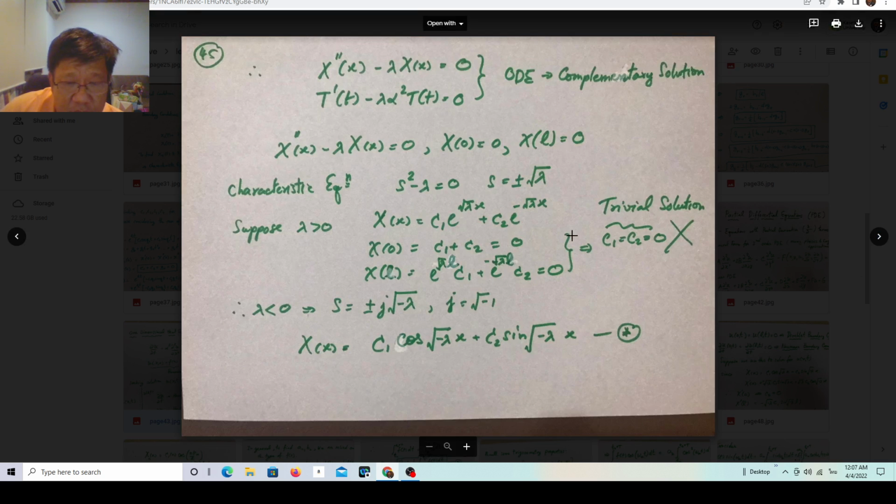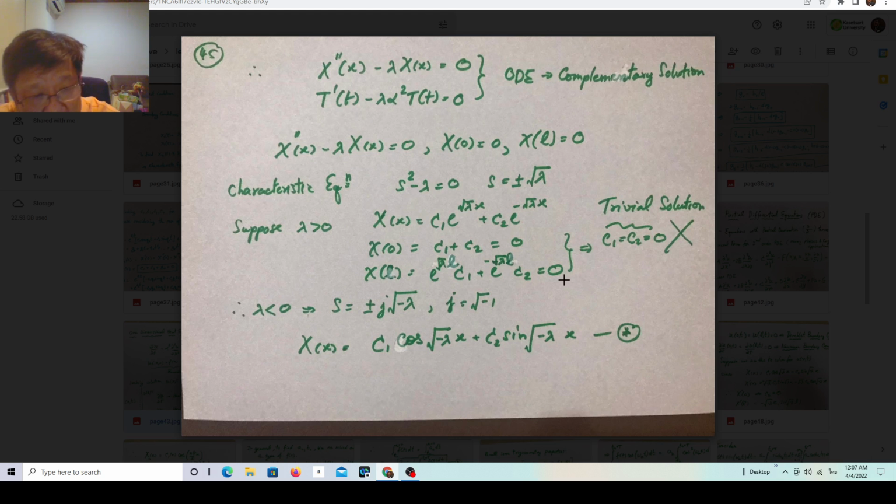So this example implies that lambda cannot be greater than 0. Because if lambda is greater than 0, you get a trivial solution of u of x equal to 0. What we are looking for is what we call the non-trivial solution. A non-trivial solution means a solution that really has a unique identity, and also uniqueness of the solution here.